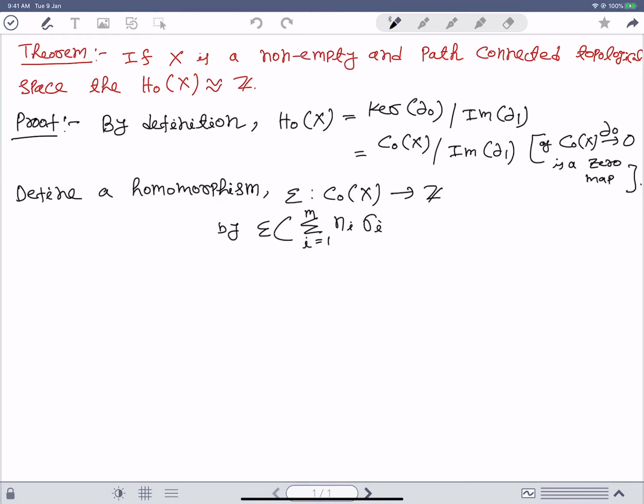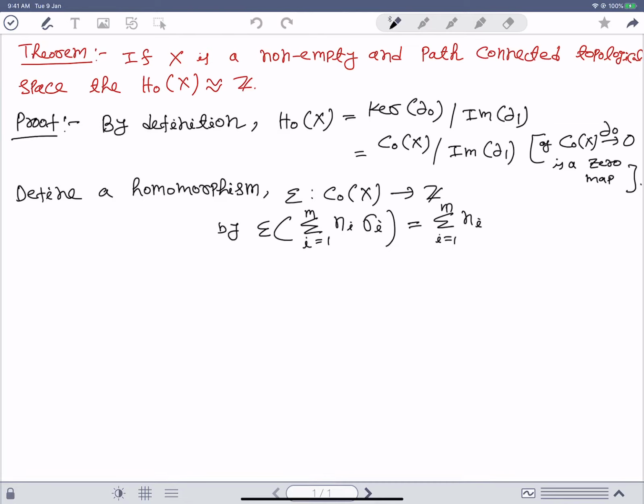So what is my sigma_i? Sigma_i is a singular 0 simplex. So this is equal to the summation of n_i. Okay. Now it is easy to verify that this is a homomorphism.